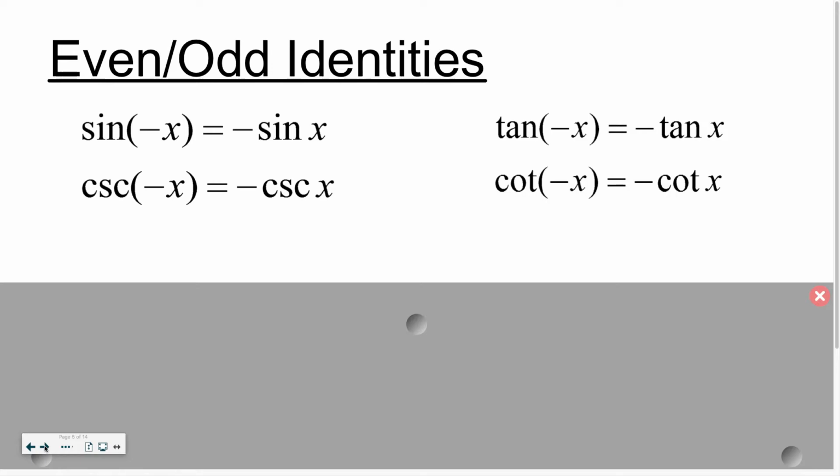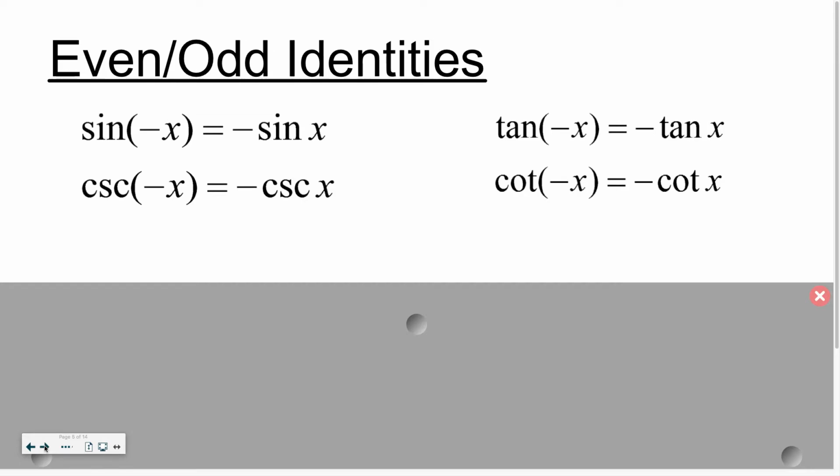So the first two groups that I'm giving to you are like families, sine and cosecant, and tangent and cotangent. And they actually both work the same way. If you do the sine of a negative x, so a negative angle, then it really is the negative, or the opposite, of the sine of the positive angle.